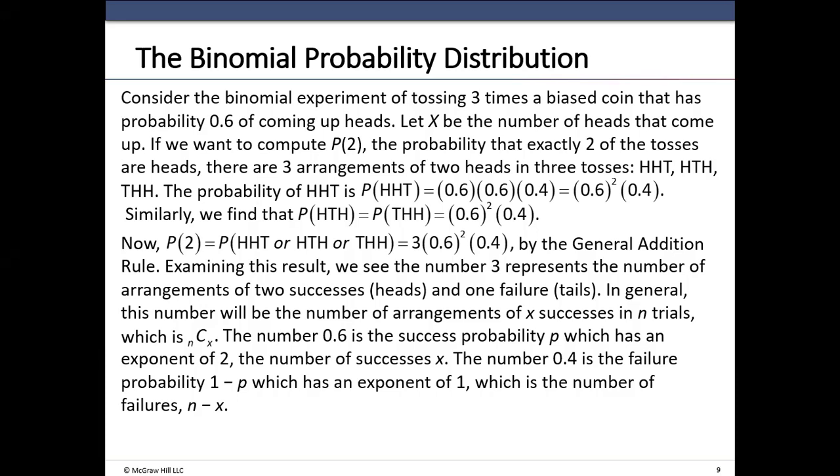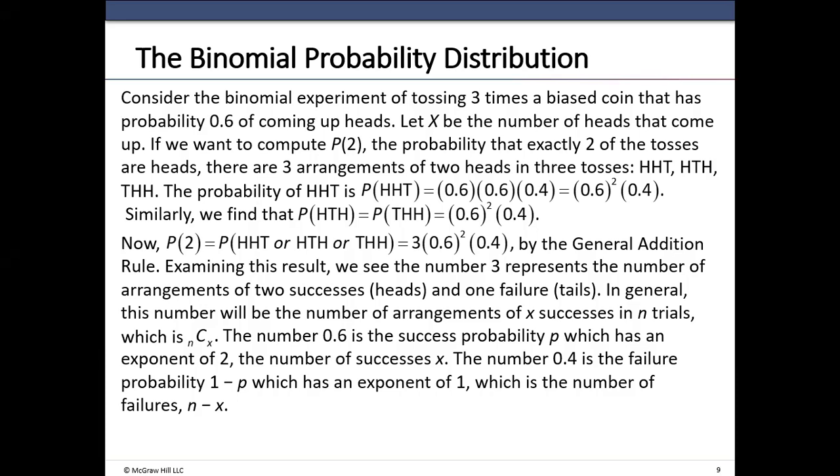Let me go over that. X equal to 2 means 2 heads, and it can occur in 3 ways: HHT, HTH, or THH. The probability of each of them is 0.6 squared, for the heads, times the tail probability, 0.4.